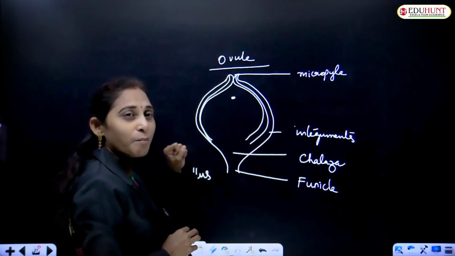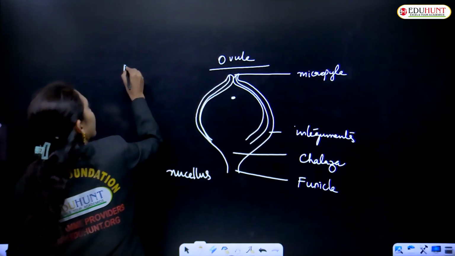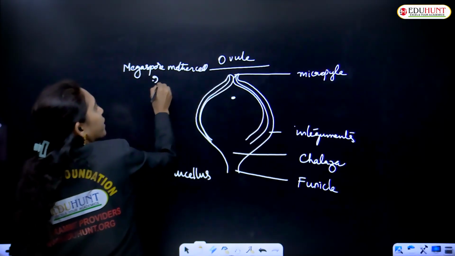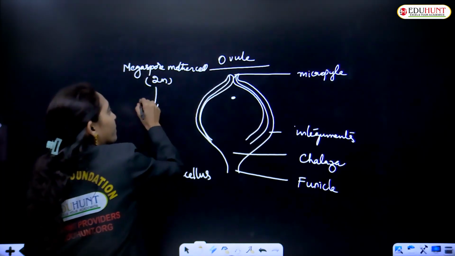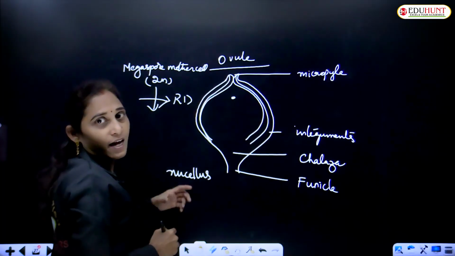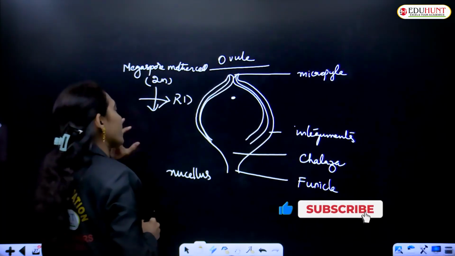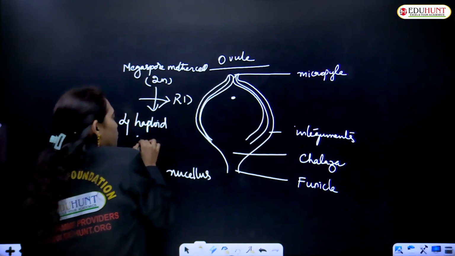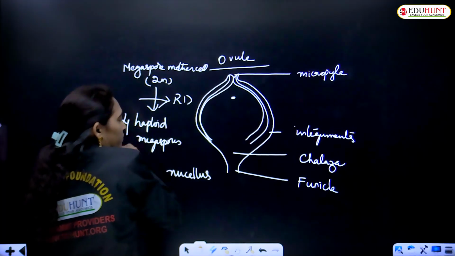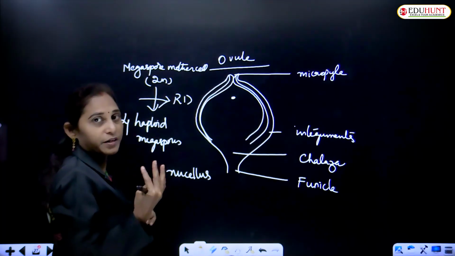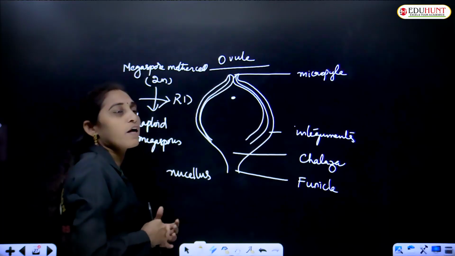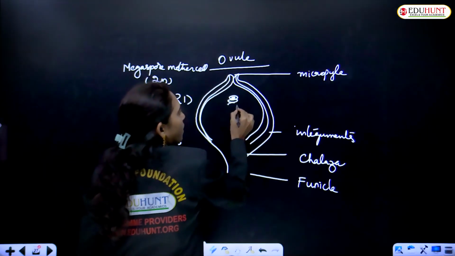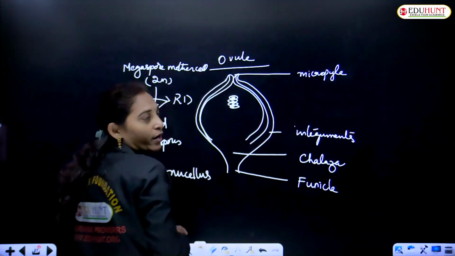This megaspore mother cell, which is a diploid cell, undergoes reduction division, like the microspore mother cell we have seen, and obviously 4 haploid megaspores are produced.